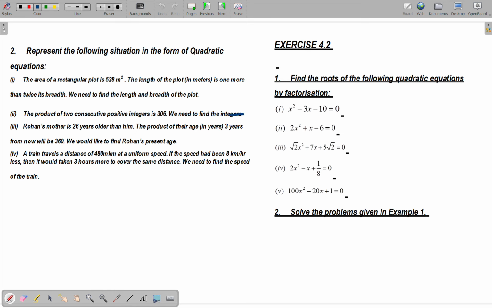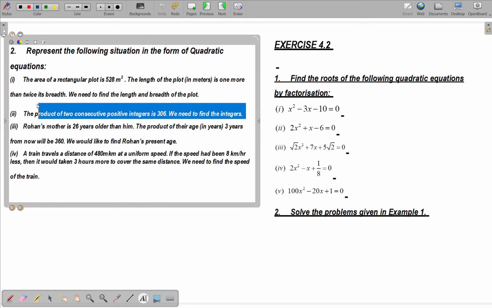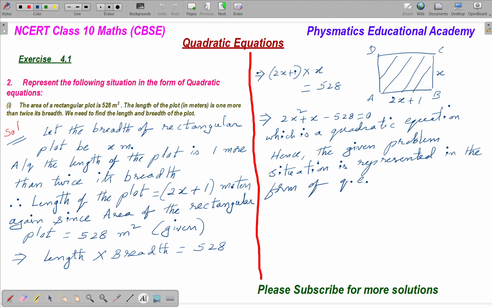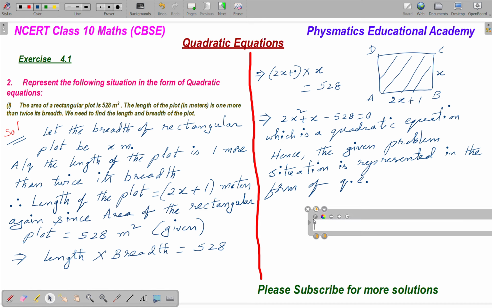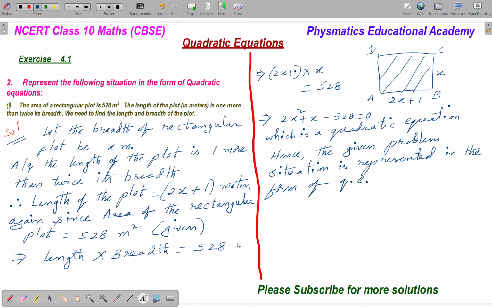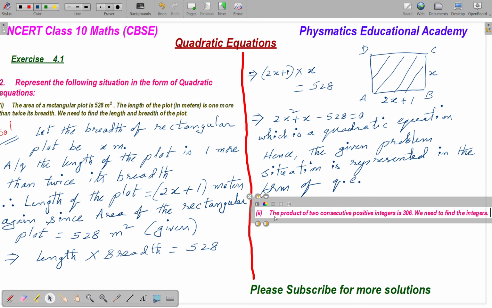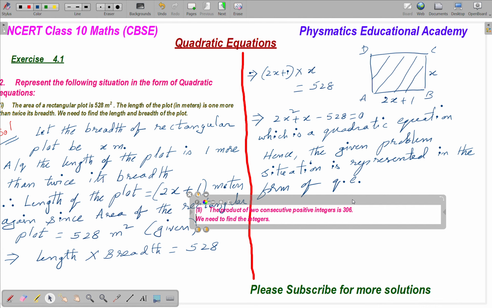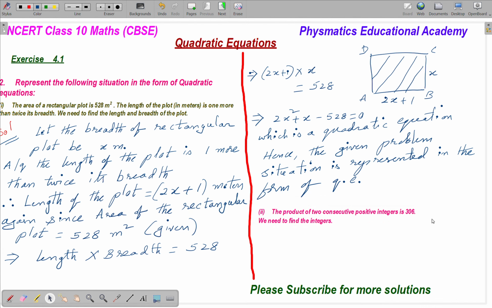The product of two consecutive positive integers is 306. We need to find out the integers.